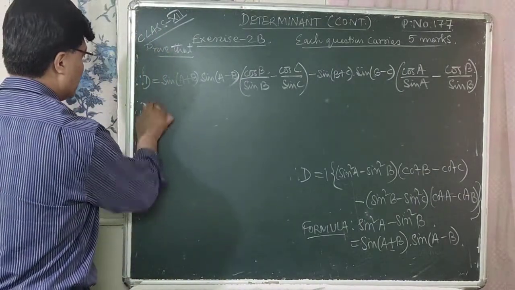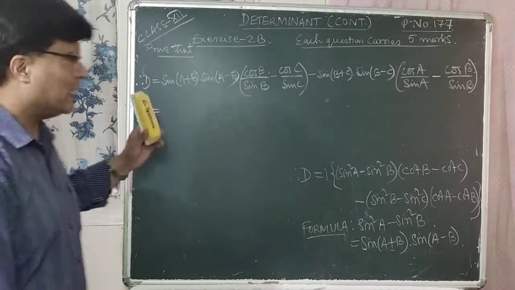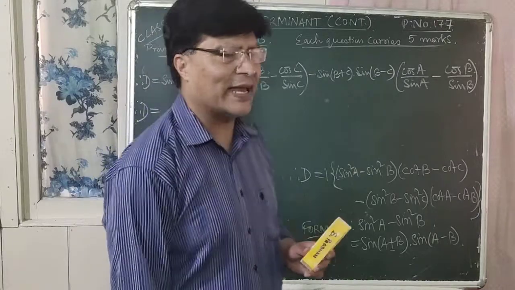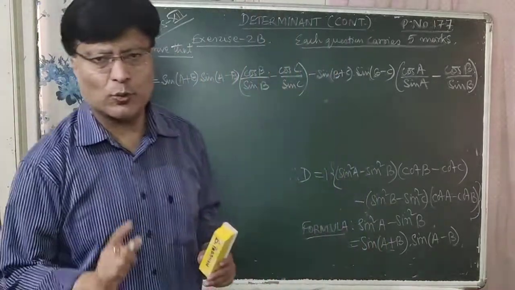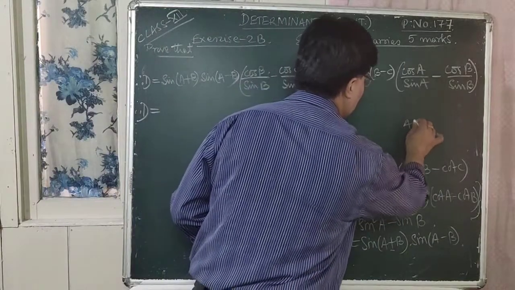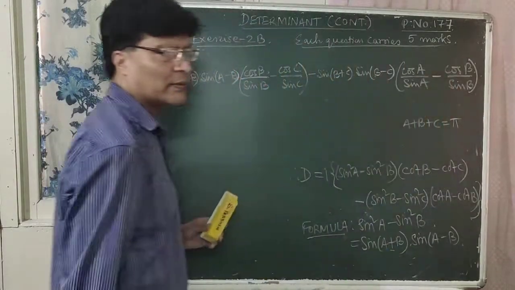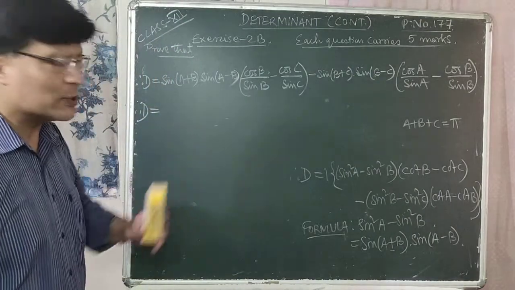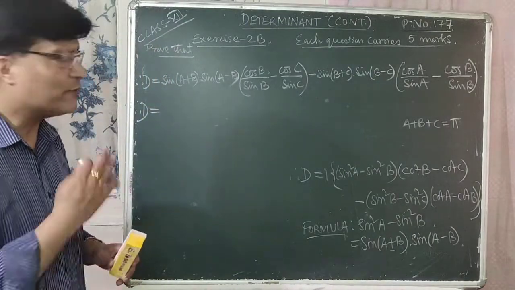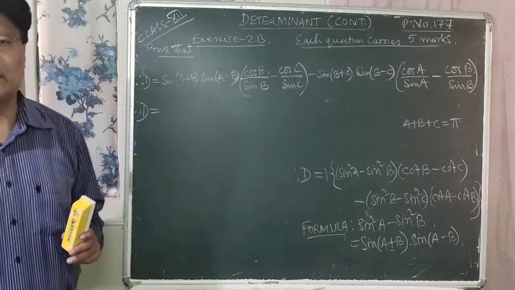Now you can write here. You know that A, B and C are the angles of a triangle. So what can you write? You can write A plus B plus C is equal to pi. You can write it from the given, that A, B and C are the three angles of a triangle.